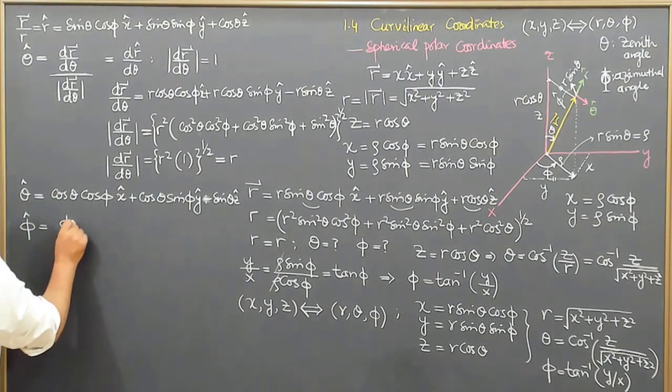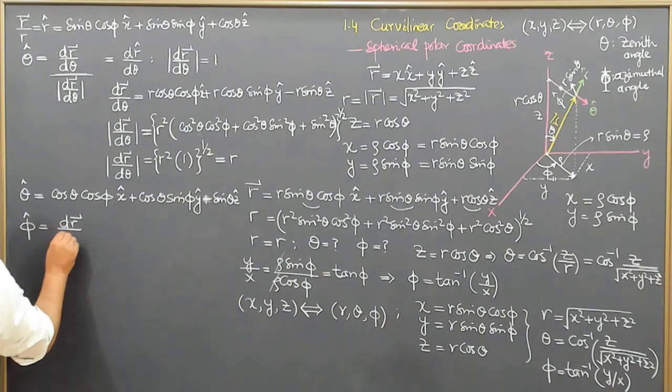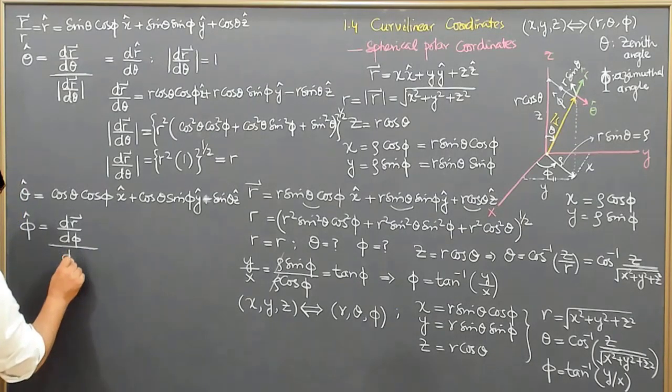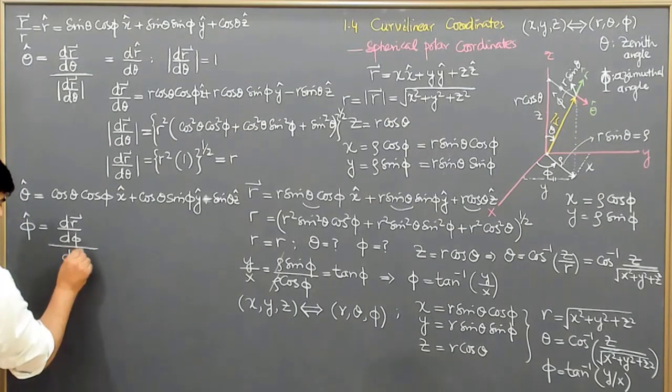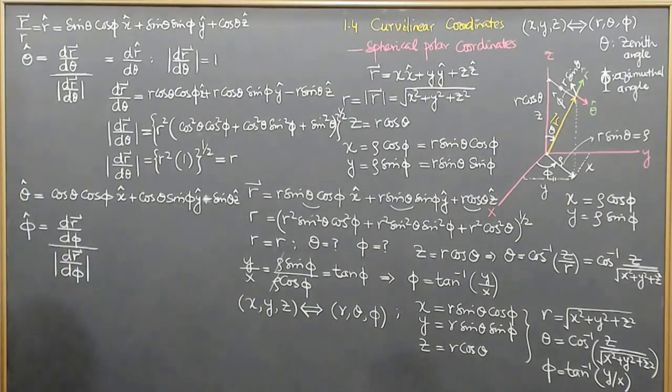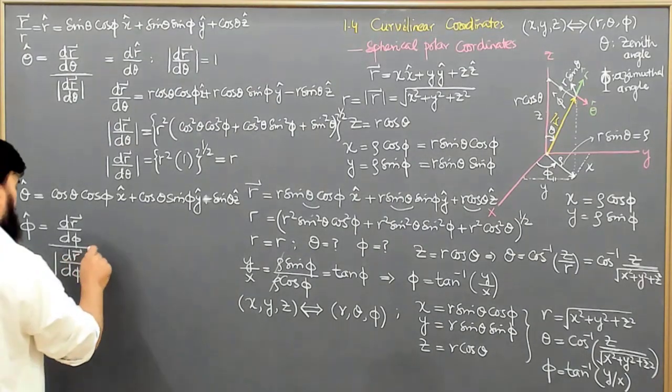Then we can have the phi unit vector again like this: the variation of the vector with respect to phi, and then divide this whole thing by the magnitude of dr over d phi, and it will give us the phi unit vector.